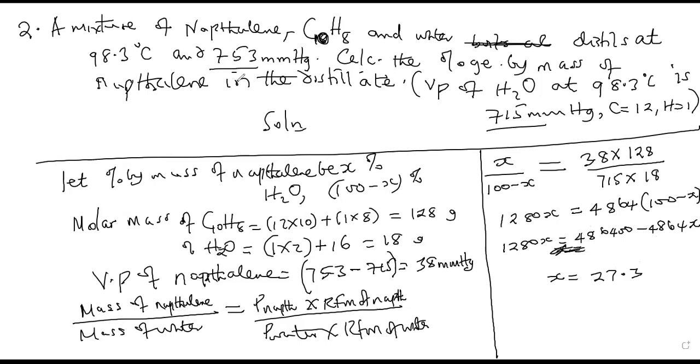But the question is to capture the percentage by mass of naphthalene. So we shall say, therefore, the percentage by mass of naphthalene is equal to 27.43%. And that is the answer.